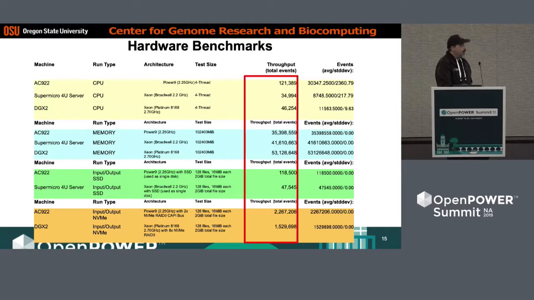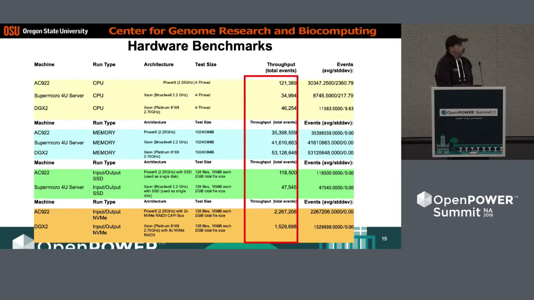If you look over here, this is the total number of events that can be accomplished in the same amount of time. I want you to appreciate that the DGX-2 is a brand new, bleeding edge piece of equipment, running at 2.7 gigahertz compared to our 2.2s on the others.